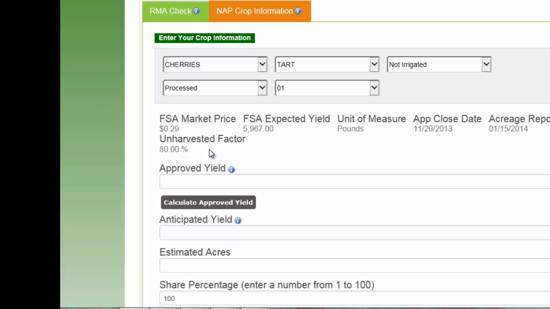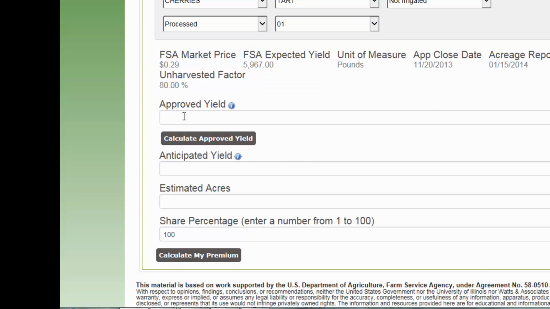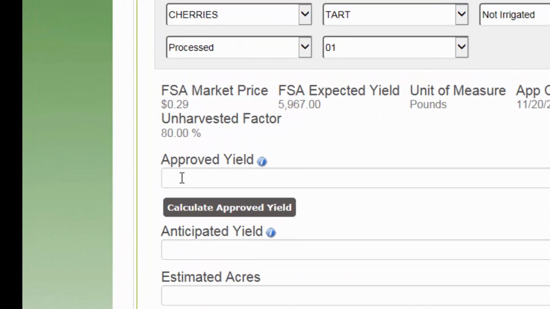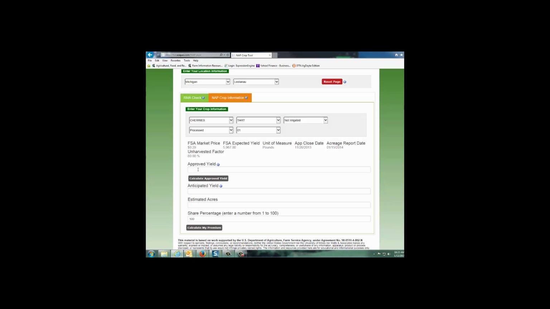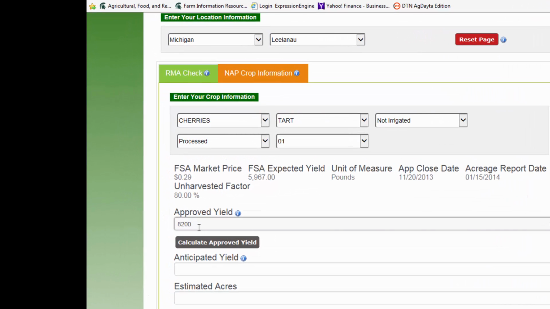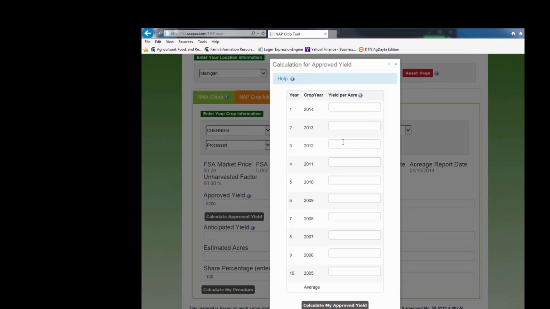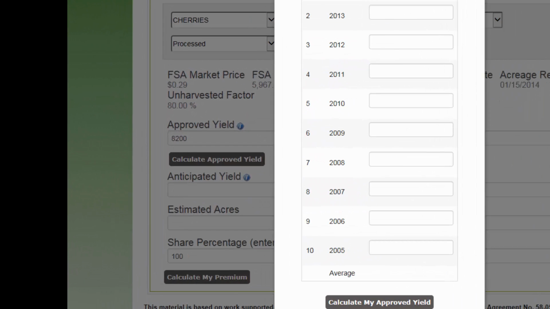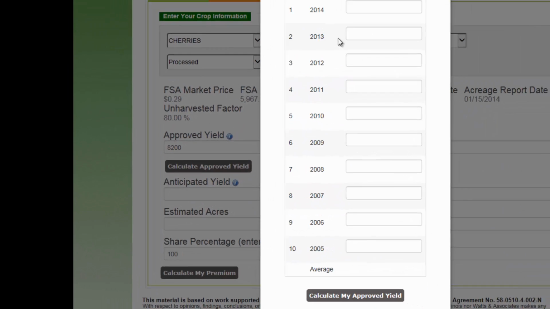29-cent market price. The next thing you have to do is put in an approved yield, and we can do that in two ways. It may be that you know what your approved yield is, then you can just type it in. For example, 8,200 pounds per acre. The other way you can do it is to calculate your approved yield, and you can put in these blanks.